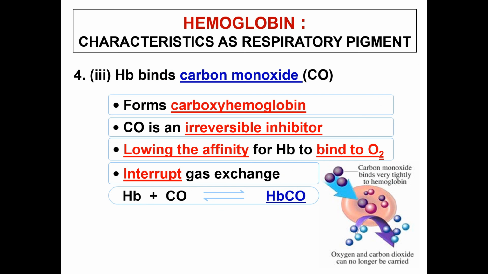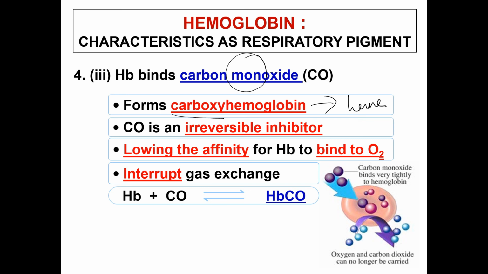Hemoglobin also able to bind with carbon monoxide. Carbon monoxide ni sebenarnya benda yang kita tak nak. So sebab tu carbon monoxide dia akan membentuk karboksihemoglobin. So boleh faham tak karboksihemoglobin? Maksudnya dia akan terikat pada heme group. Meaning, in other words, carbon monoxide dia akan terikat pada tempat yang sama dengan oksigen terikat.